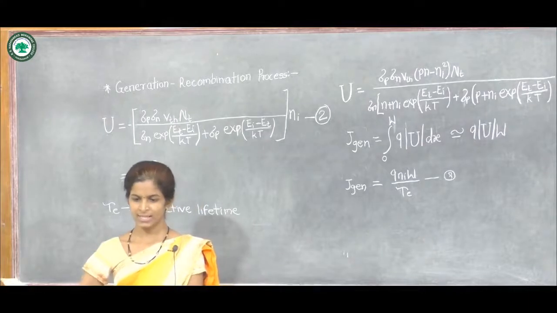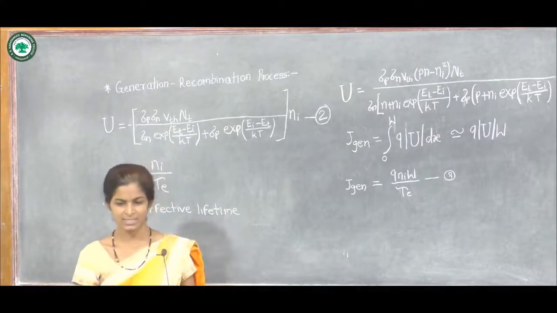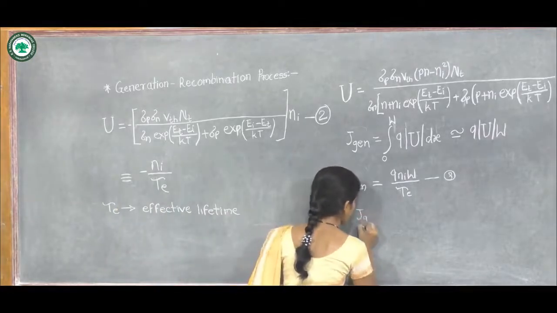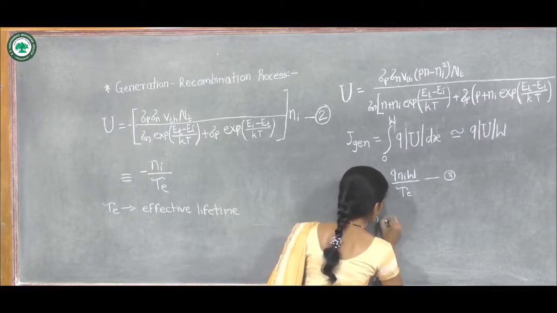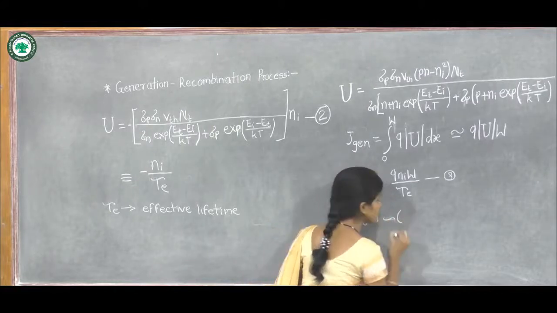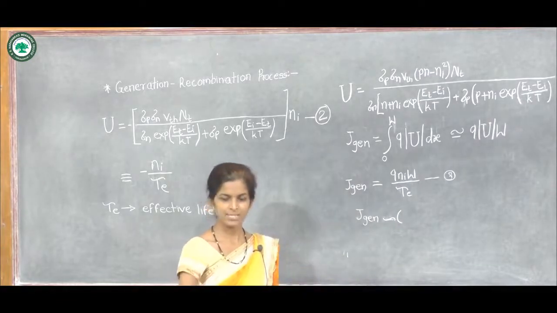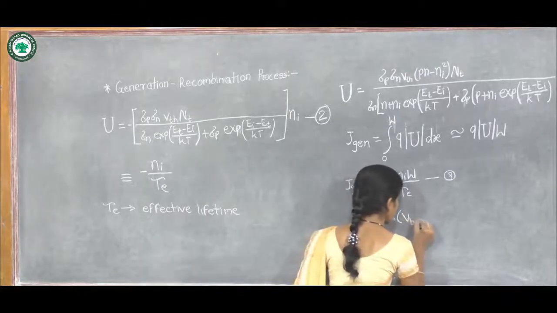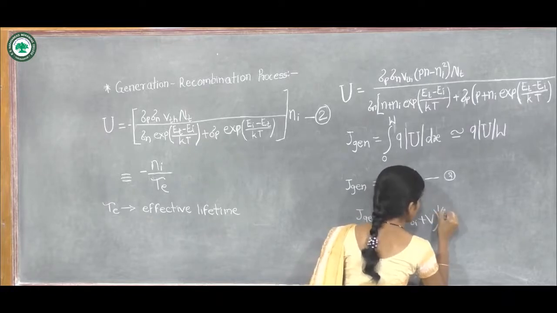It is thus expected that the generation current, J generation, is nearly proportional to (VBI plus V) raised to 1/2.